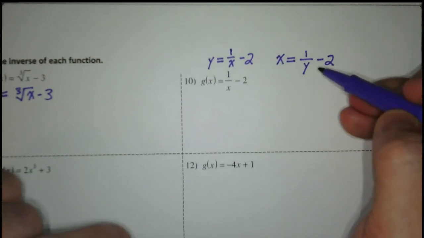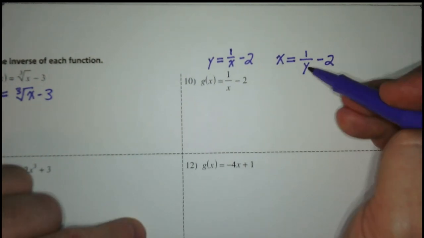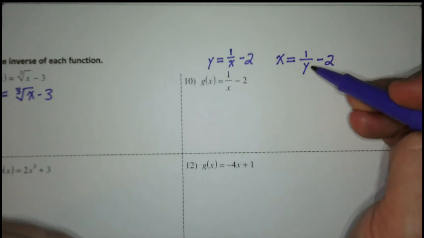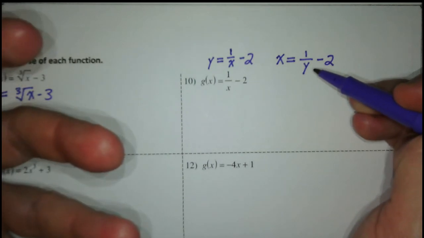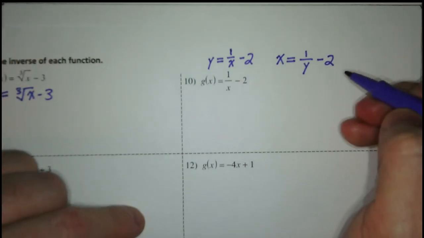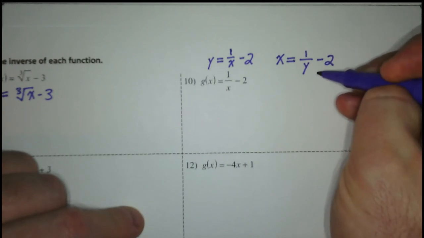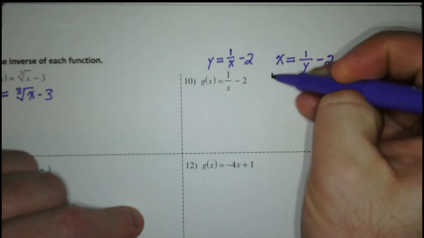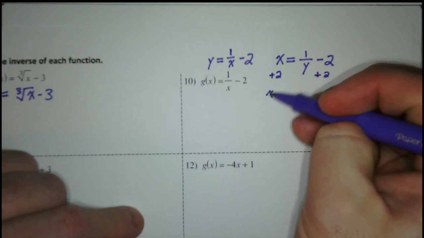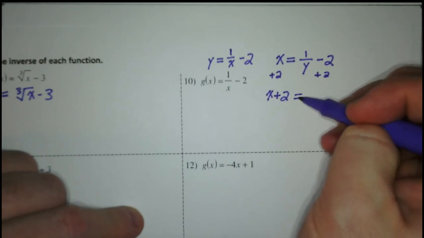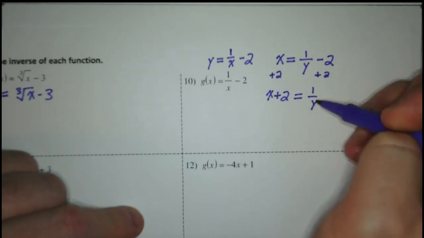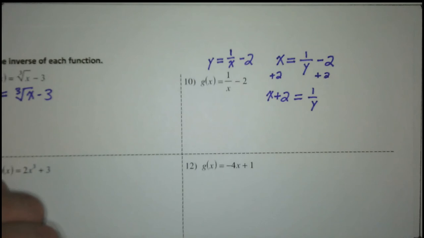But once you've switched x and y, now you just have to resolve it for y, which is simple enough. You would start by adding 2 to the other side. So you get x plus 2, because those don't mix, equals 1 over y.